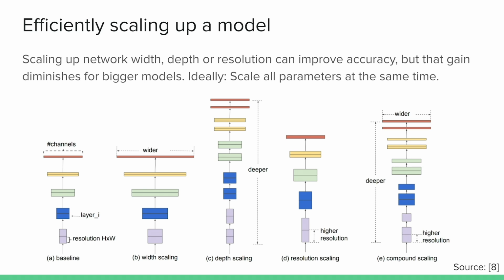If we're talking of images, that would be the input resolution, or if we talk about sequences, we could input a longer sequence. So instead of just feeding in 3 words, we could feed in 5 words at the same time to kind of get a bigger window and get more information. And one interesting insight is that the most efficient way of scaling up a model is by doing all of these things at the same time.